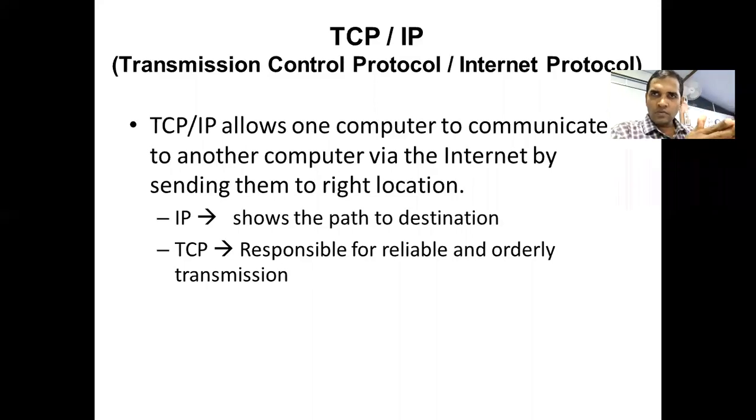But TCP, Transmission Control Protocol, has the responsibility to take the data to the right destination. I should explain one thing first. When we send data to the destination, generally data are divided into multiple pieces. Assume that you send an image.